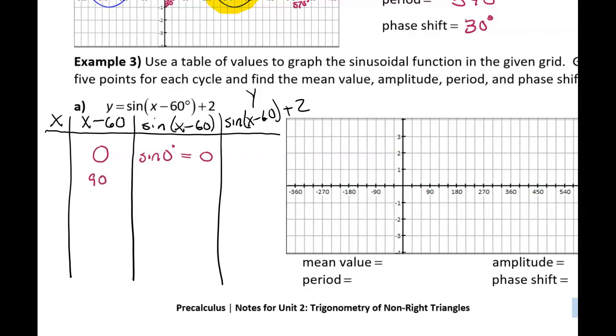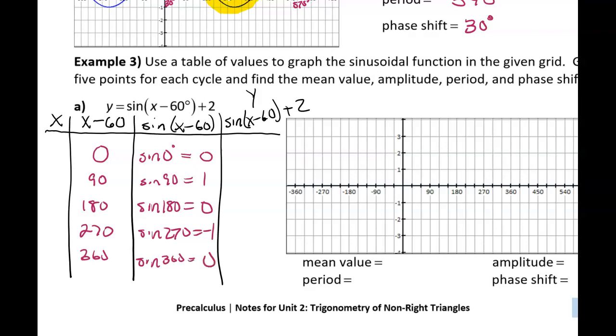We put our next quadrantal value, 90. Sine of 90 is 1. 180. Sine of 180 is 0. And then 270, sine of 270 is negative 1. And 360, sine of 360 is 0.